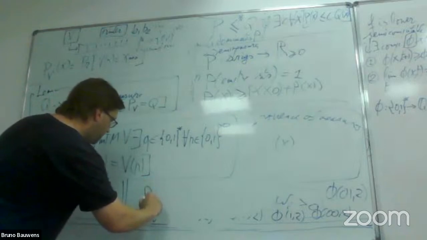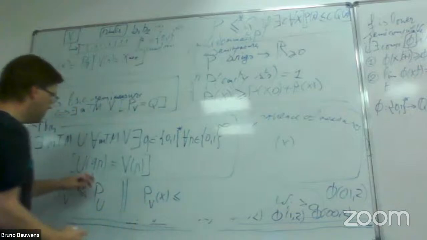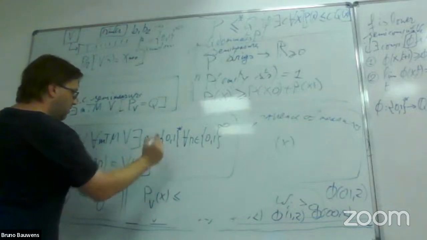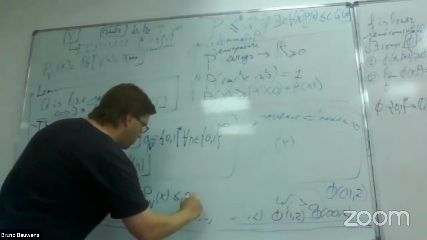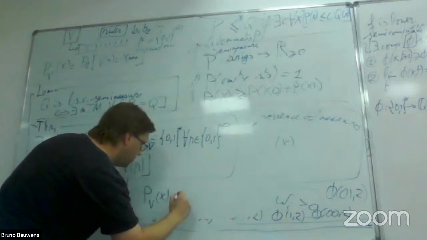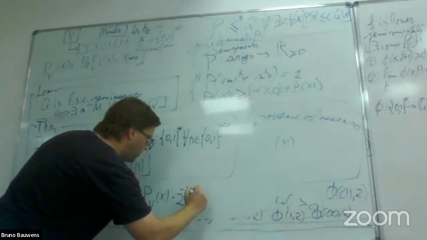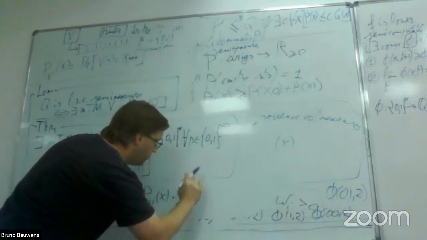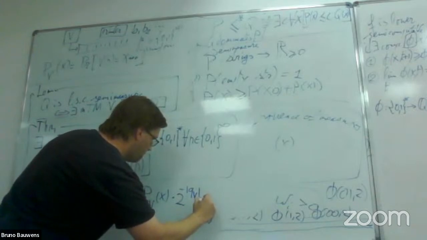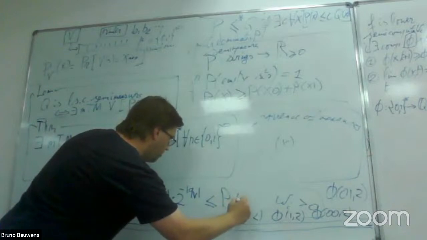Here we said that P of V of X is smaller than, when we take the Q for V, let's call it QV, times 2 to the power minus length of QV, times P U of X.